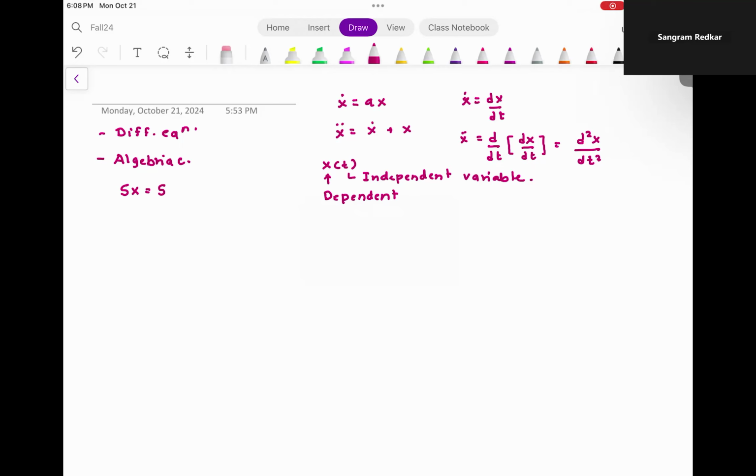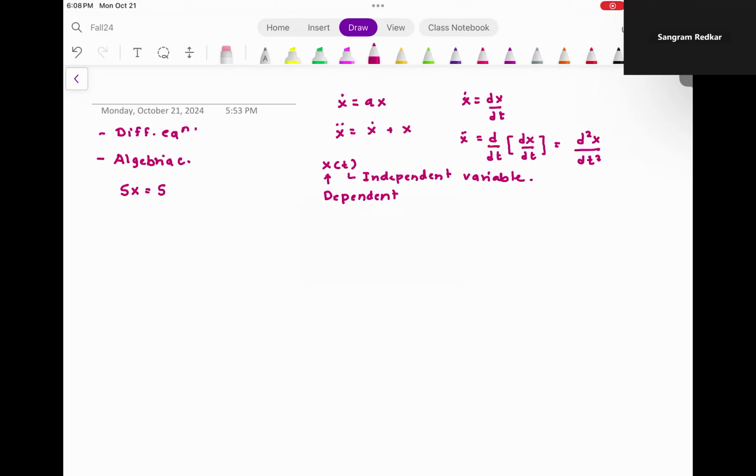So solution of an equation means once you substitute that constant or a function, your left-hand side should equal the right-hand side. How you find that constant, how do you find that function is totally up to you.